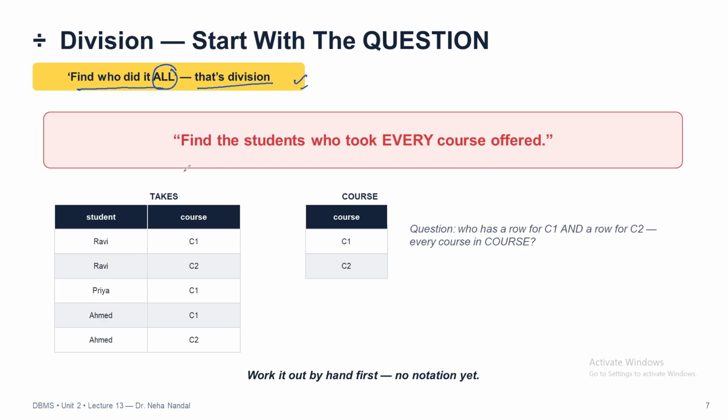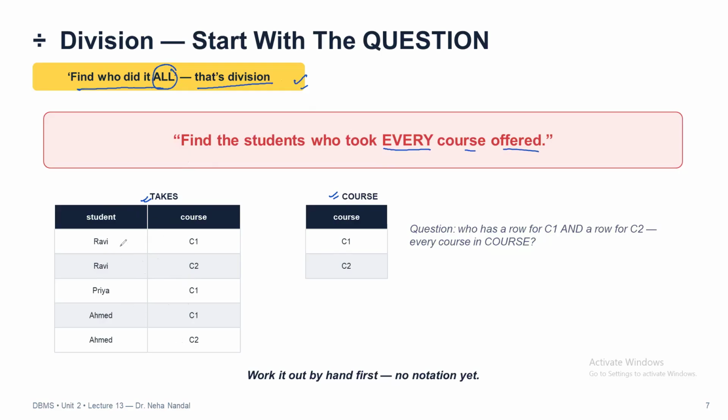Now see, find the students who took every course offered. This is a takes table, that means it will tell you which student took which course, and this is a course table. Only two courses are there. So Ravi took C1, Ravi took C2 also. Priya took C1, Ahmed took C1, Ahmed took C2 also.